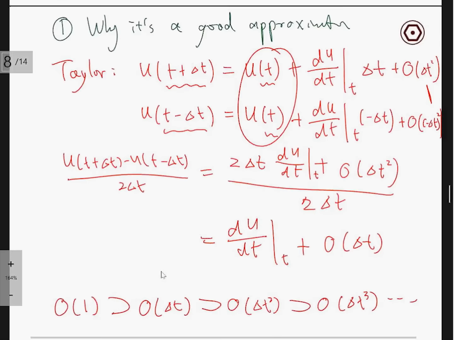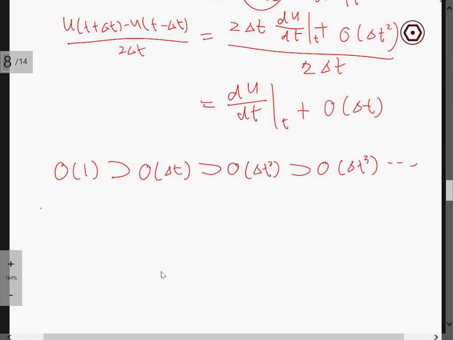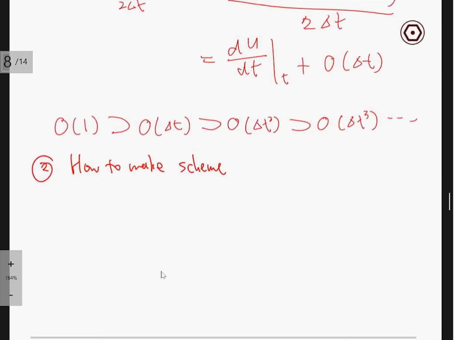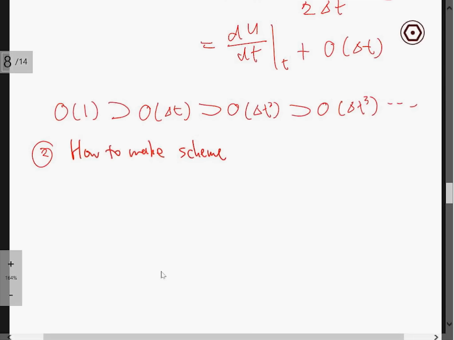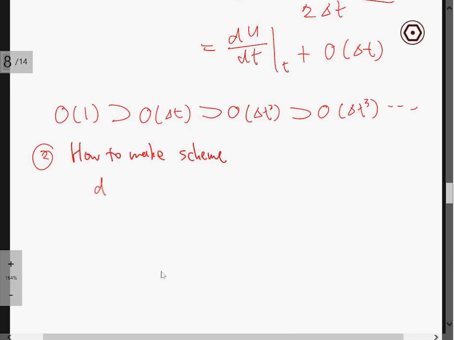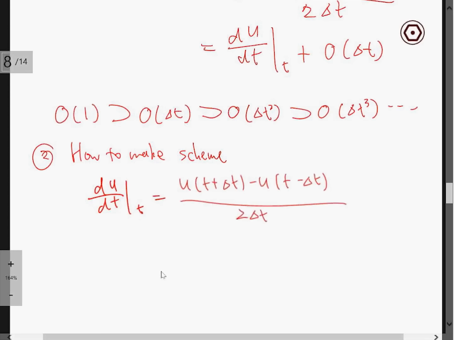All right. Okay. And so now the second question is how to make a scheme out of it. We already have an approximation, that is du/dt at t is equal to u of t plus delta t minus u of t minus delta t divided by 2 delta t.